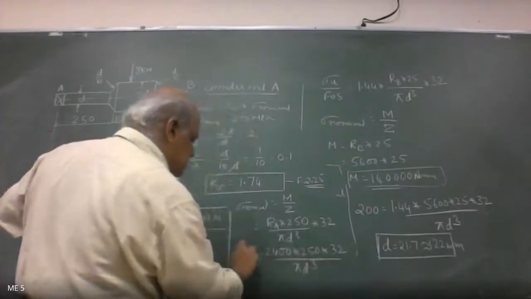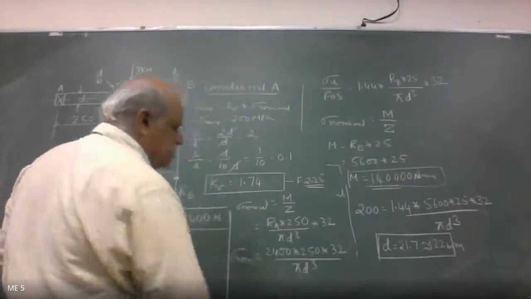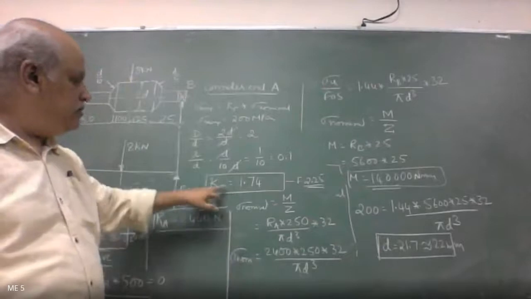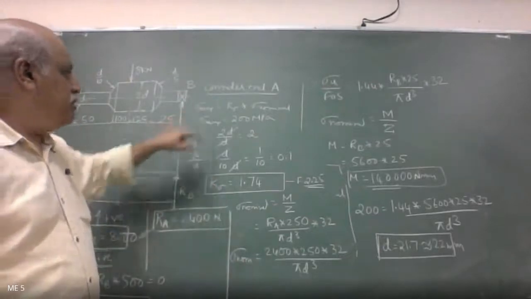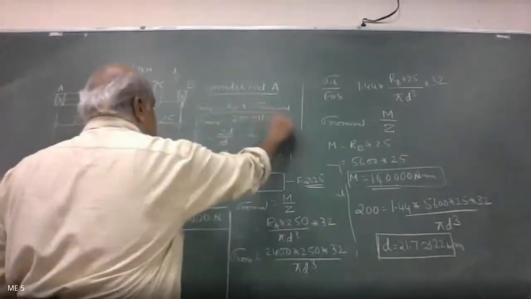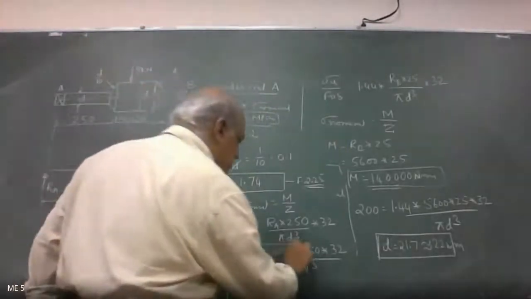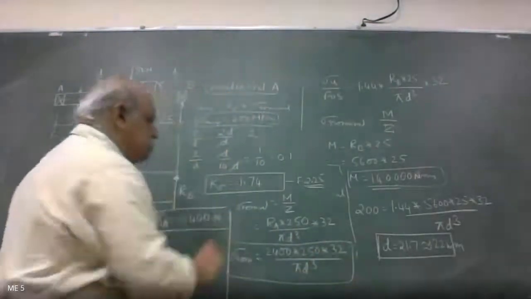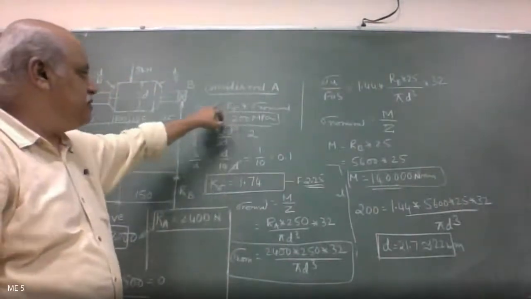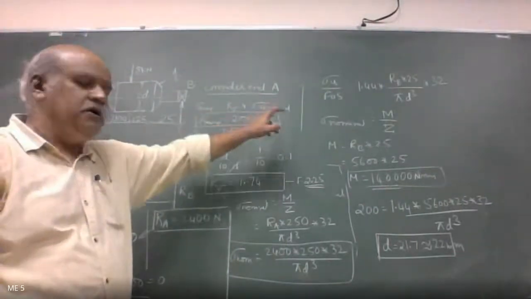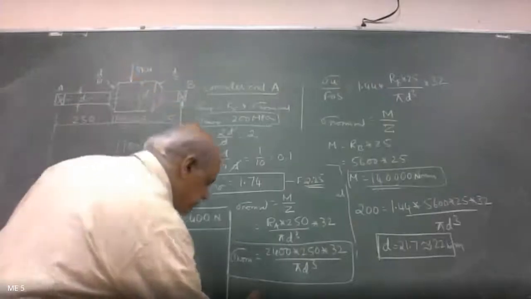This is sigma nominal. So sigma nominal we know, K sigma we know, sigma max we know: sigma u by FOS. Then substitute all these three into the equation sigma max is equal to K sigma into sigma nominal and get the value of diameter.